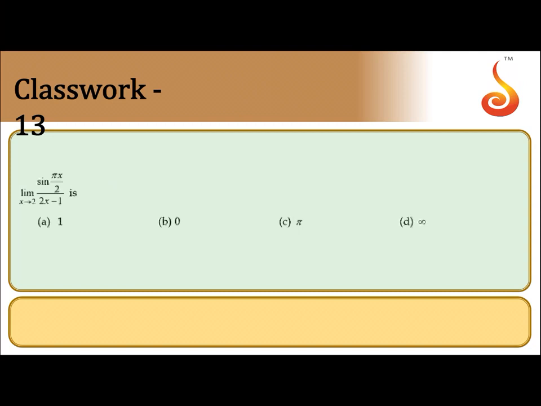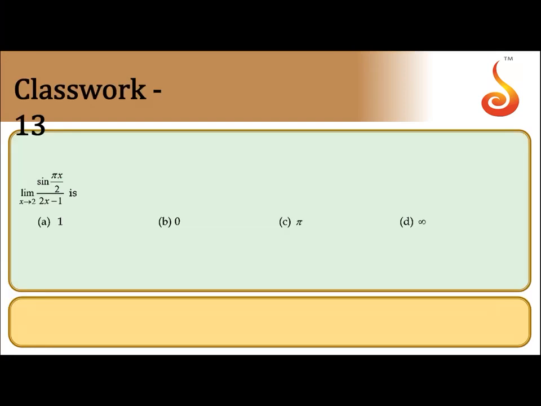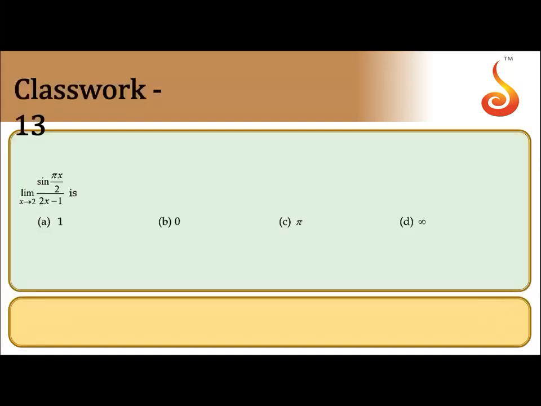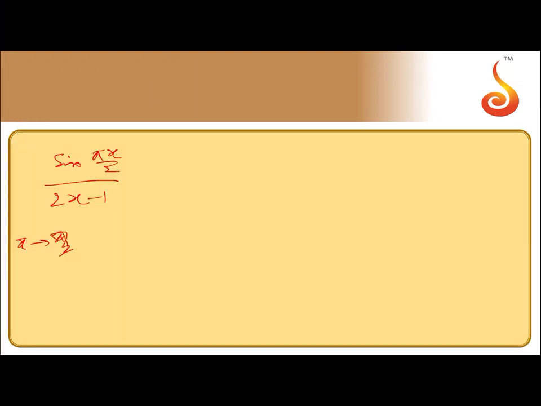Coming to this one, x tends to... clearly you can see it is of 0 by 0 form. Sine pi x by 2 divided by 2x minus 1, sorry. X tends to 2, sorry.